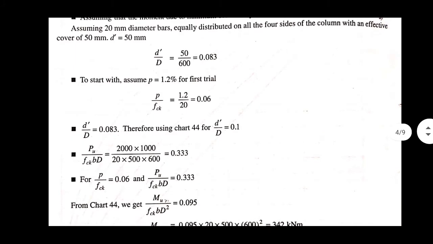So we have to find out ultimately mu by fck bd square from that chart. Depending upon the value of d dash by d, the chart may be changed. It may be 43, 42, 45. That depends upon d dash by d. Okay.